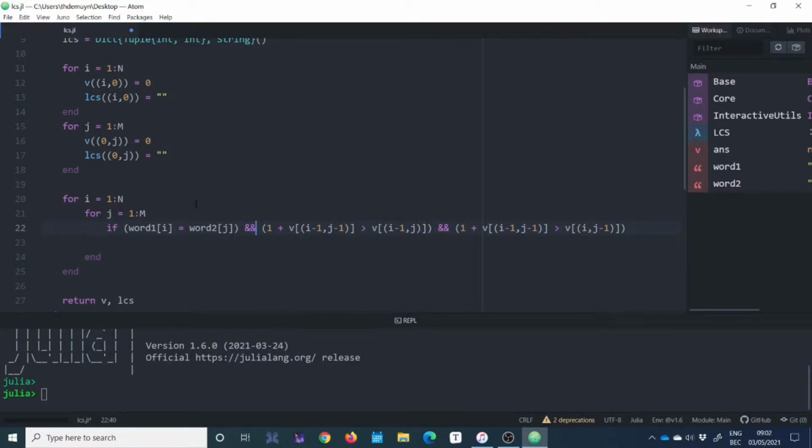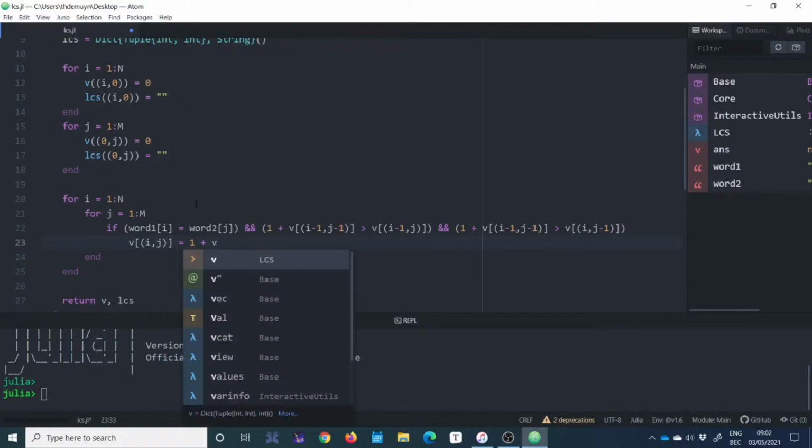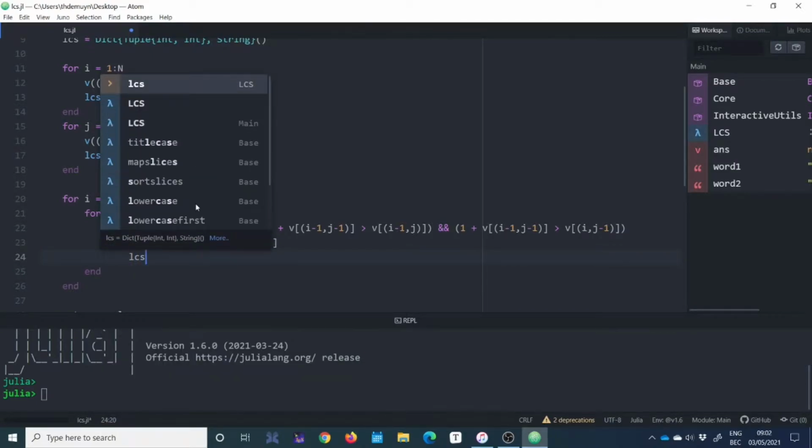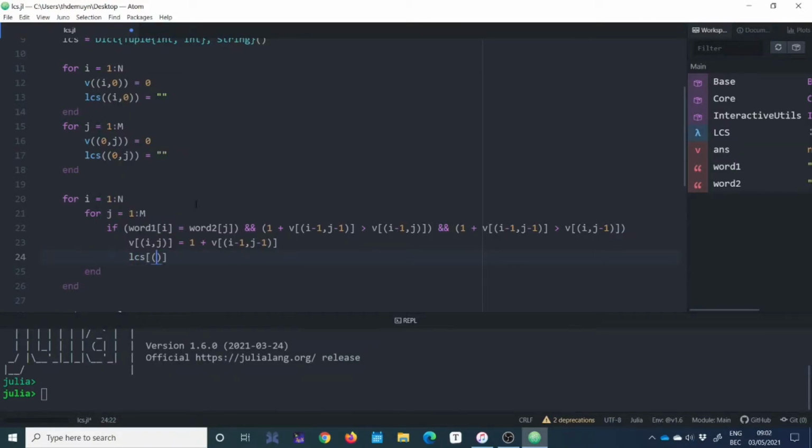If the last letter is the same and 1 plus this thing is bigger than if I omit the last letter of the first word, and if 1 plus cutting the last letter of the last word is bigger than cutting the last letter of the last word, well then v of ij will be equal to 1 plus v of i minus 1, j minus 1, and then the longest common substring of ij.